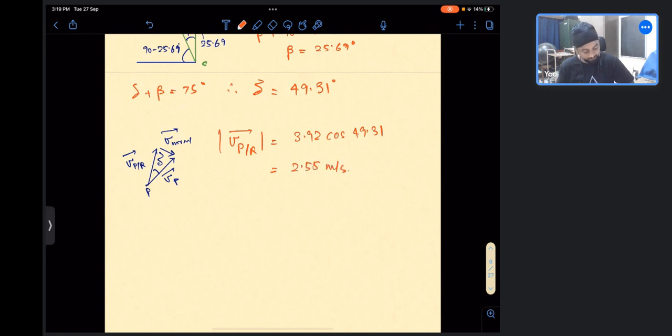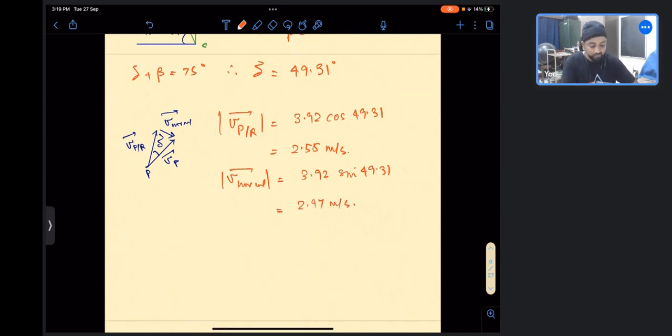Likewise, V normal is nothing but 3.92 sine 49.31, which comes to 2.97 meters per second.